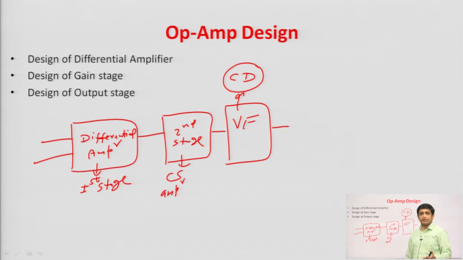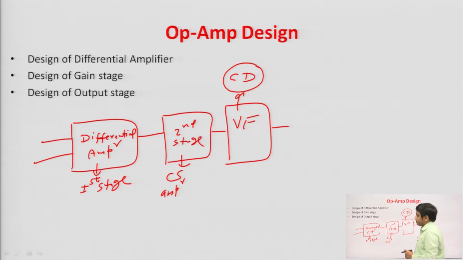So, the advantage of using this voltage follower at the output is to minimize the signal loss. It also minimizes the loading effect, that I had discussed in unit 1 when I had discussed common drain amplifier. There I had discussed the role of this voltage follower. So, in general this is the structure of this operational amplifier.